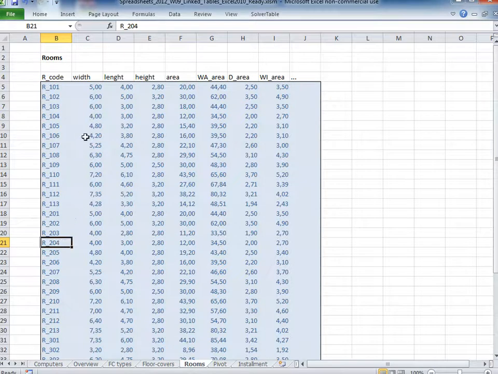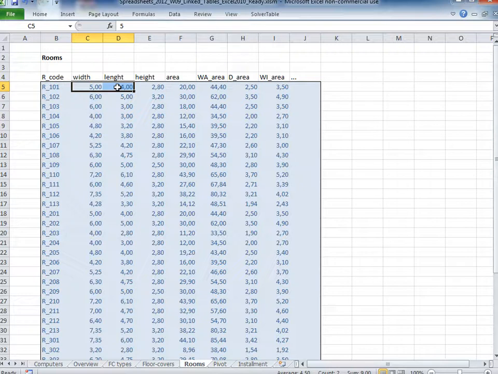Then we have information about the rooms' widths and lengths and heights, and then we have information about their areas. Well, this information can be straightforwardly calculated from the width and the length, but there is some information that cannot be calculated straight away.